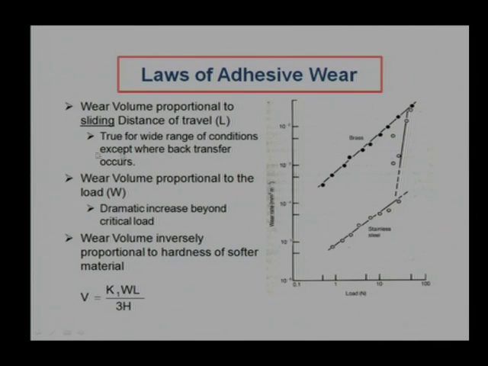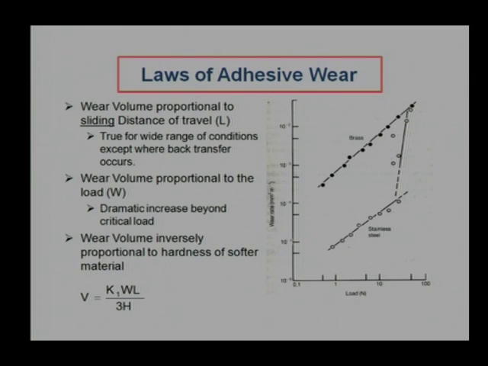The second conclusion which Archard gave after doing experiments is that wear volume is proportional to the load, which is also there because the friction force was initially treated as proportional to the load. Similarly, we are assuming the wear volume removed from the surface is proportional to the load, but there is a limit if it is subject to plastic deformation.